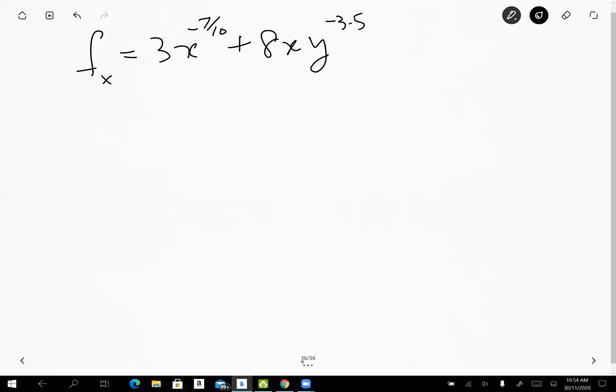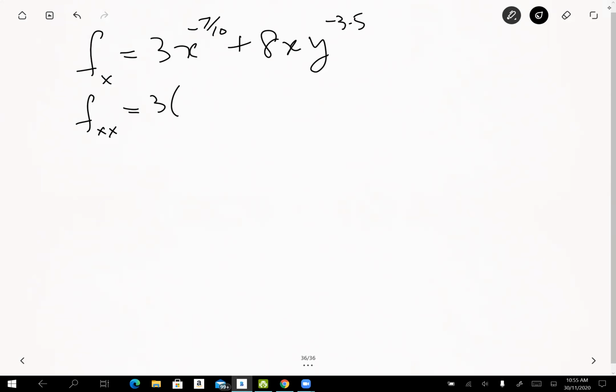Is that right? So now, what do you get? I take derivative of fx with respect to x. So y is a constant. So what is it equal to?